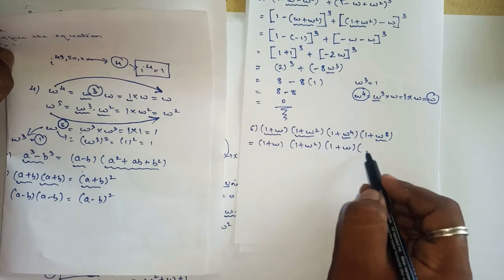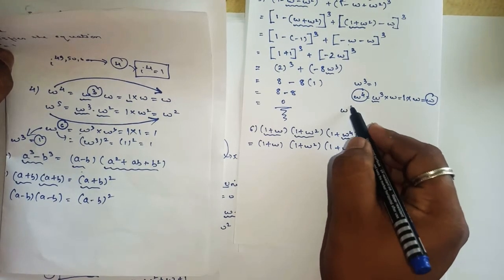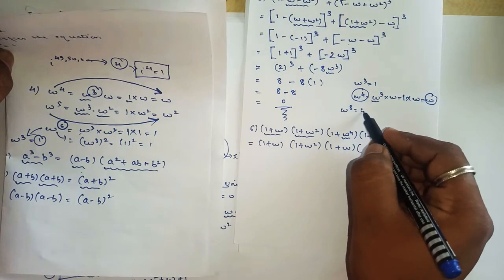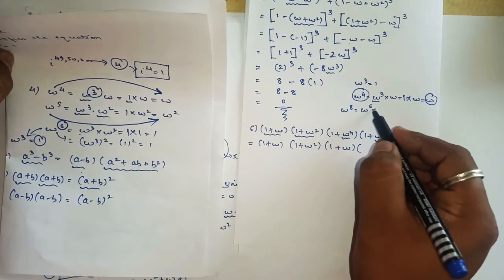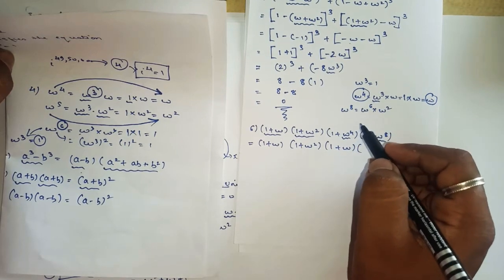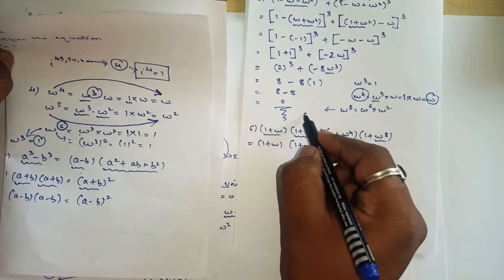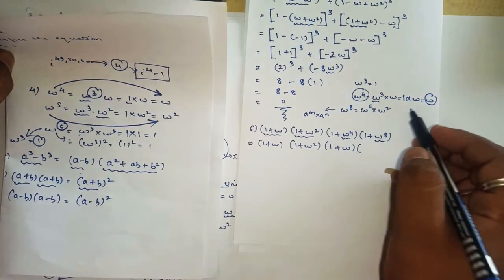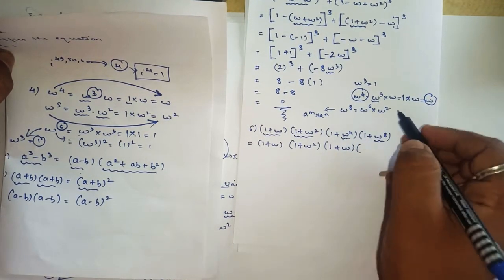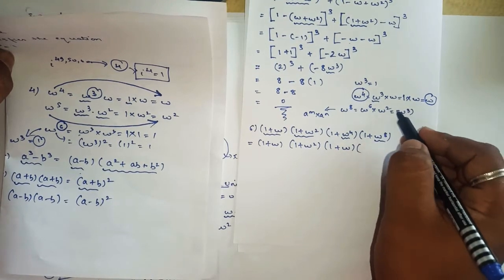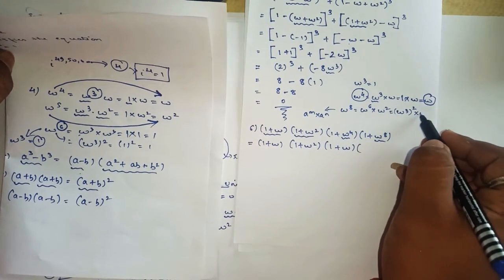Yes or no? Now we'll find the value for w raised to 8. Can I write w raised to 8 as w raised to 6 into w square? Because 6 and 2 will be 8, when you apply the formula a raised to m into a raised to n equals a raised to m plus n, you will get 8. Then can I write this w raised to 6 as w cube the whole square into w square?